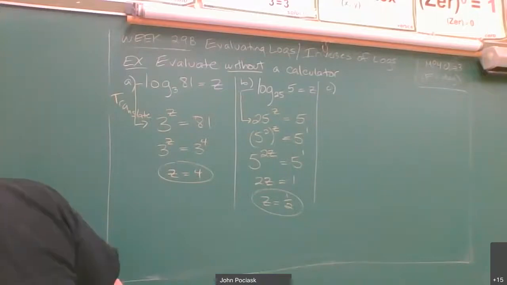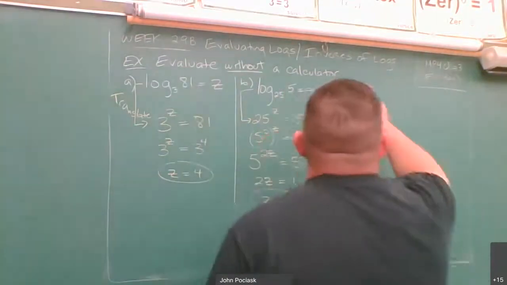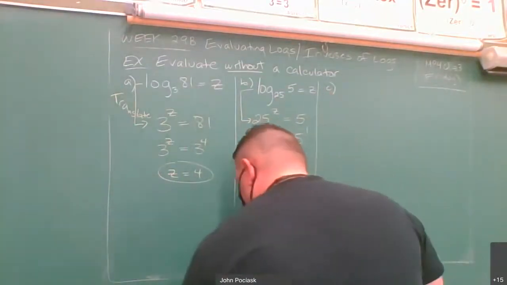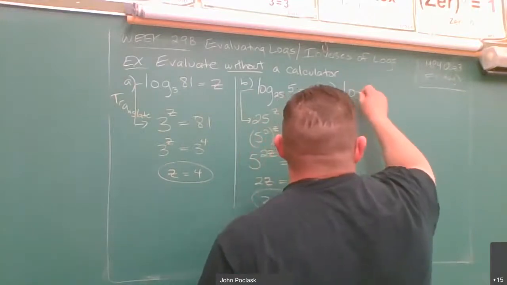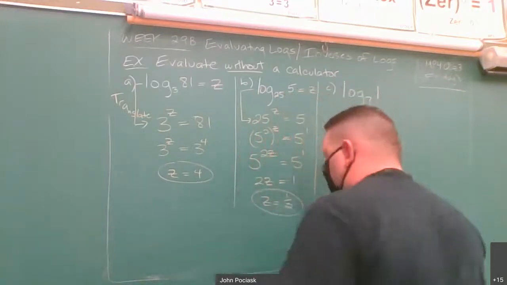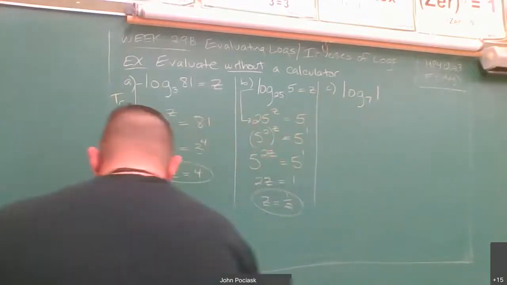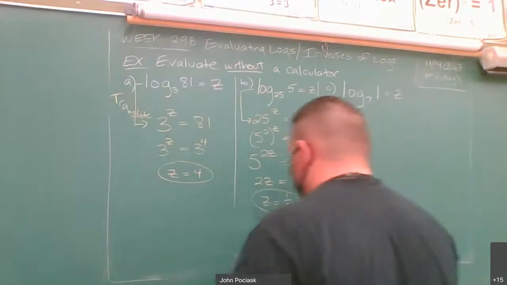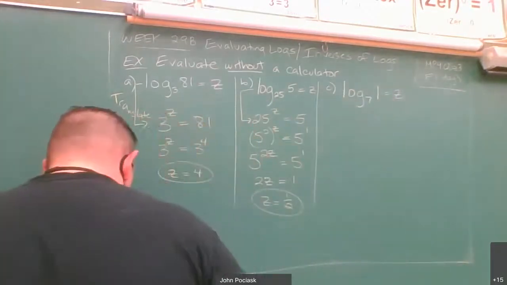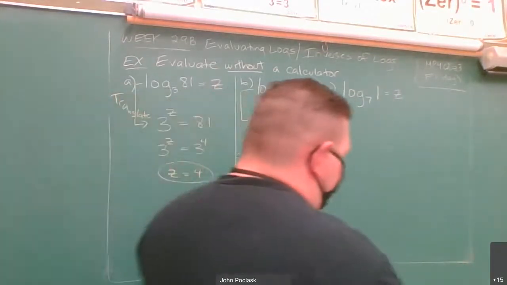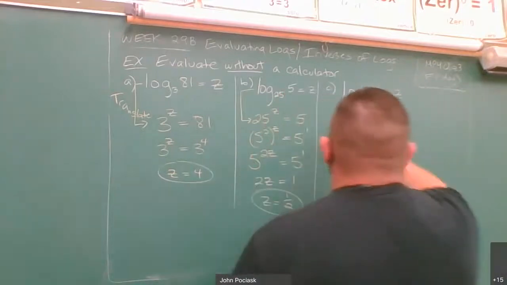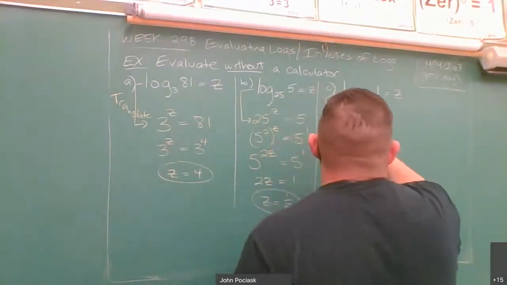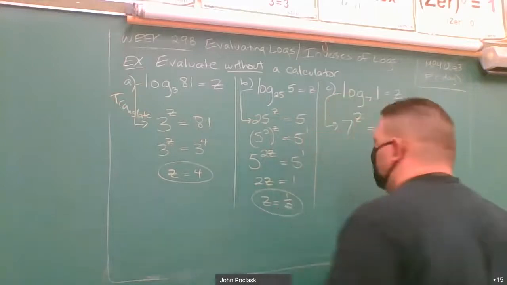Let's do another one. Let's do log base 7 of 1. Log base 7 of 1 equals Z. I'm going to translate this. 7 to the z power equals 1.